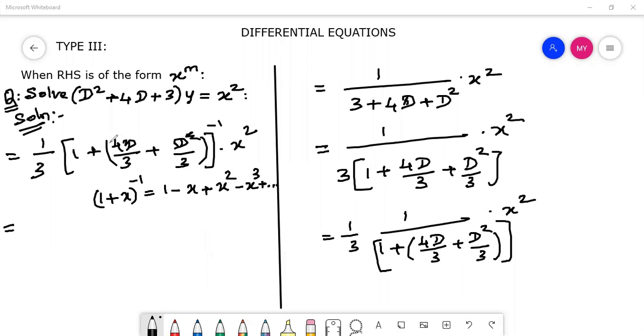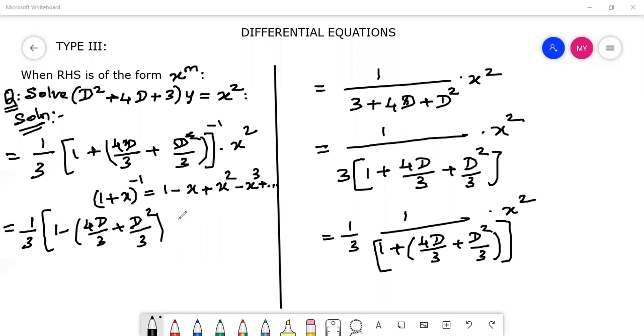Whatever is inside the bracket, you have to consider as x. So our x is here 4D/3 + D²/3. Now this 1/3 is common outside. Now I am going to apply this formula: 1 minus x. What is our x? 4D/3 + D²/3.